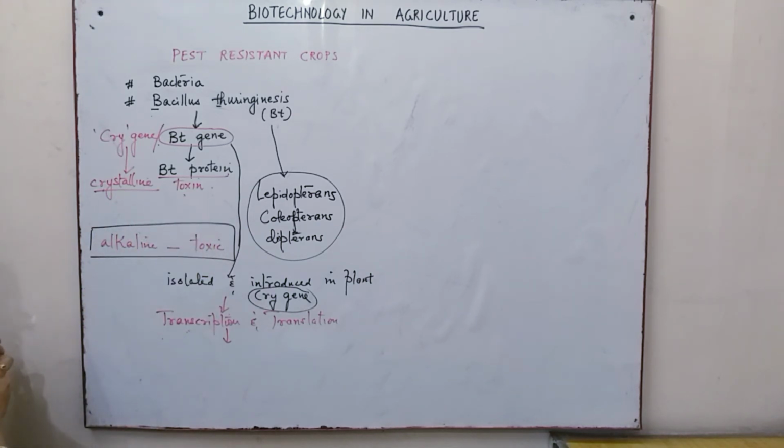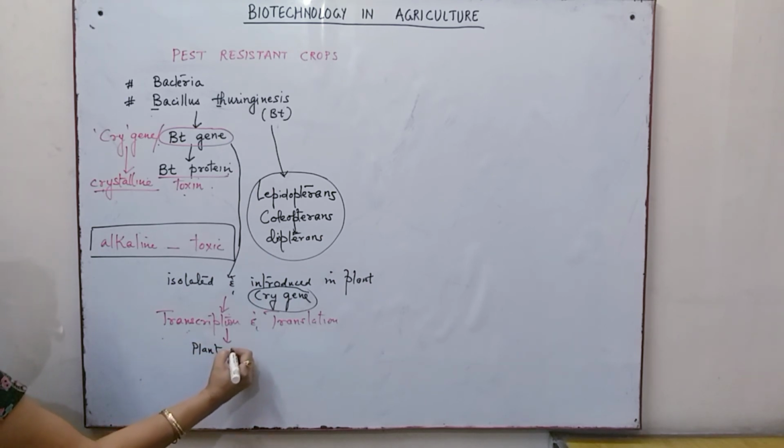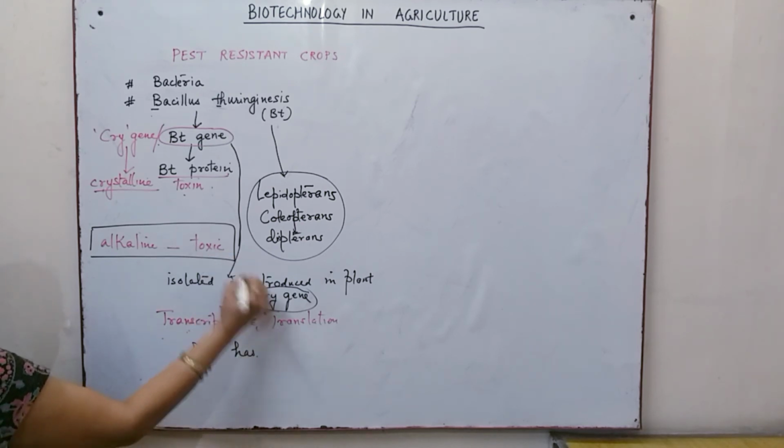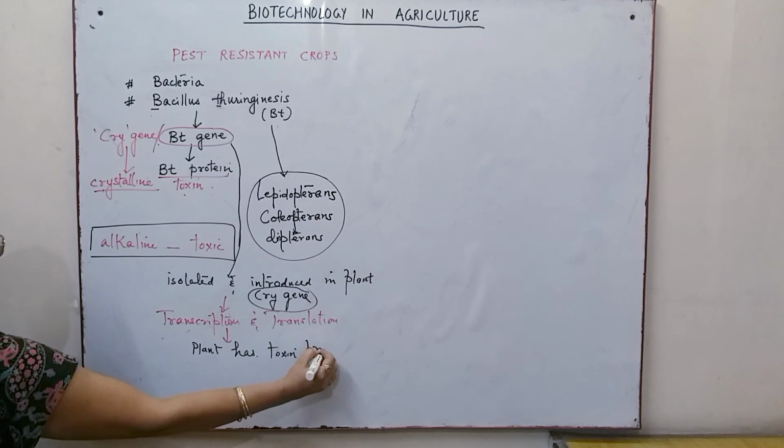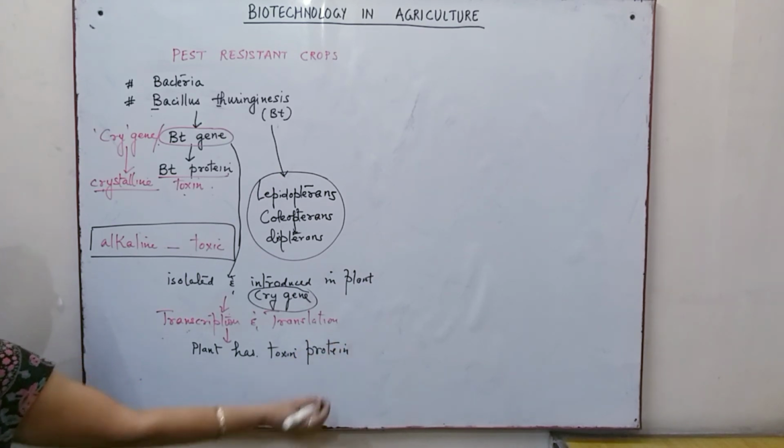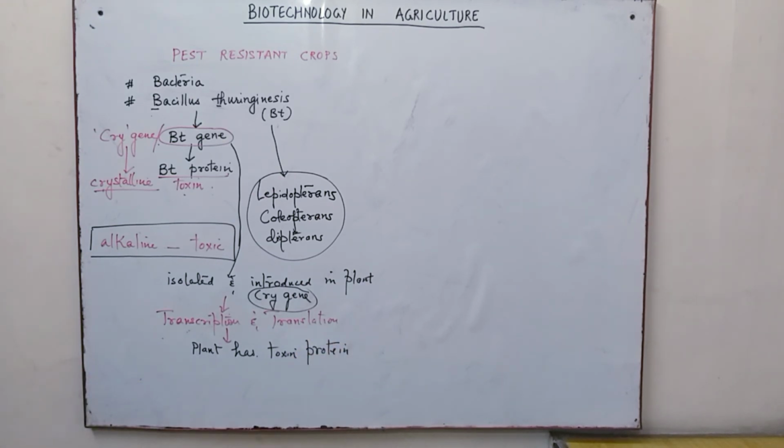Now the plant has the toxin protein. It will also not cause any damage to the plant because the plant has no alkaline medium.